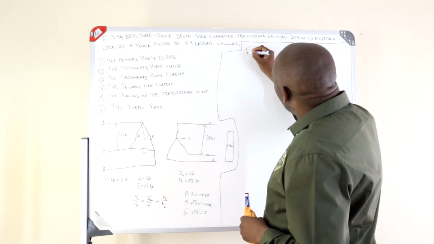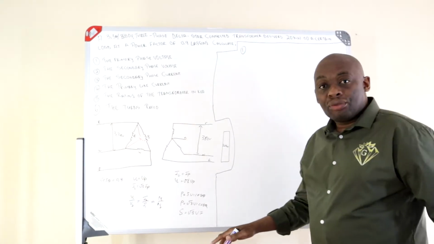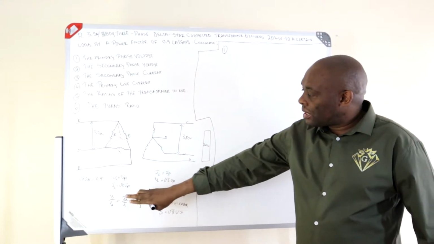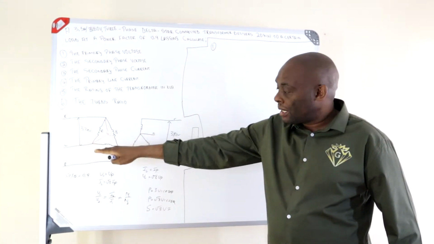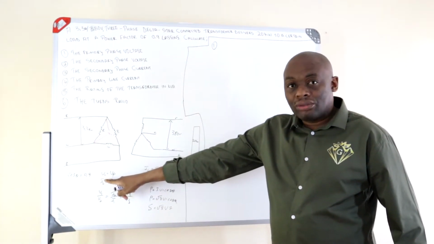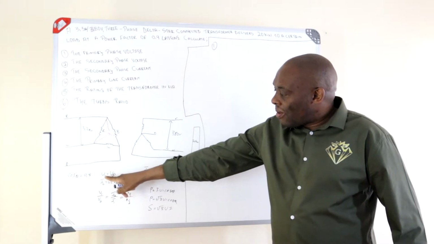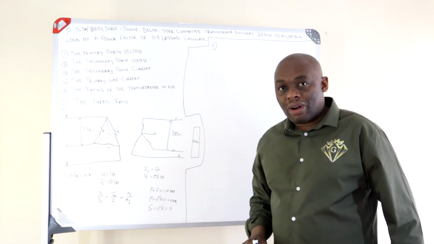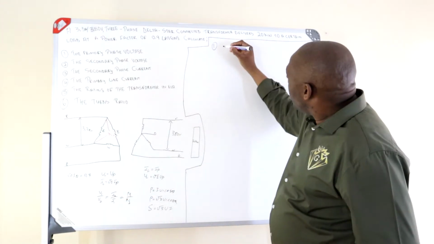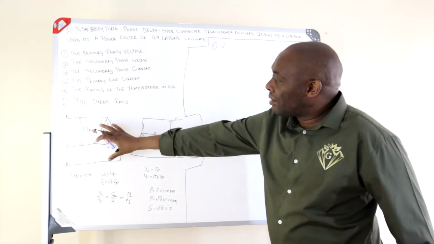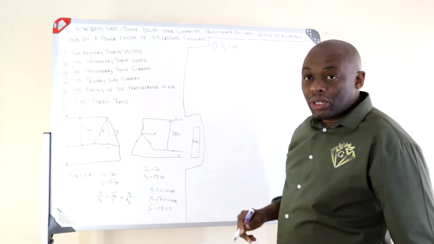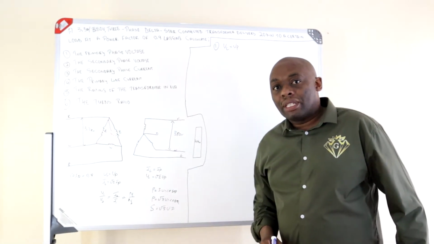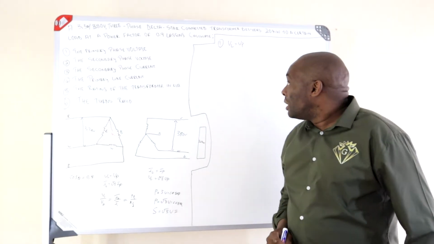So for number one, if we look at the information here, the primary side is our delta configuration, and we know in the delta configuration that our V line is equal to our V phase. Therefore, we look at the relationship between the phase quantities and the line quantities in terms of the voltage.